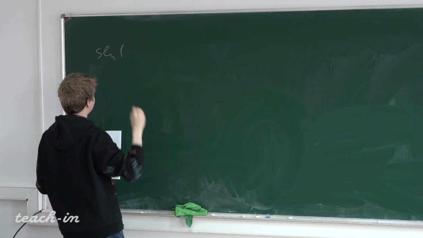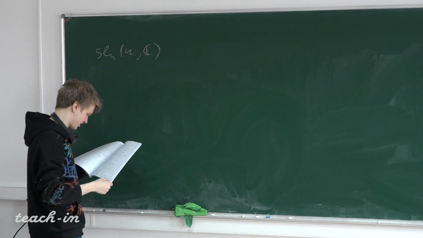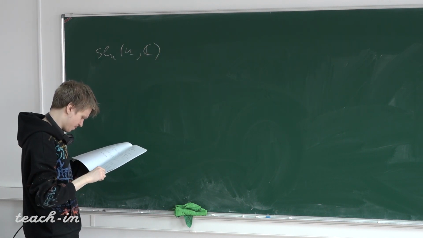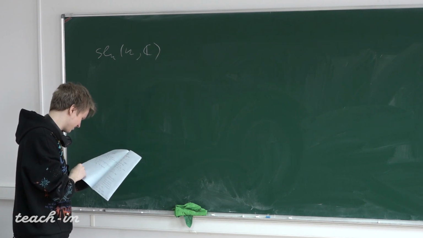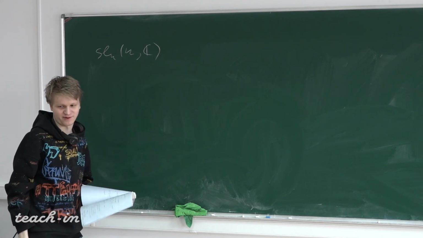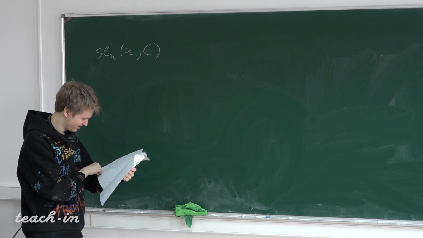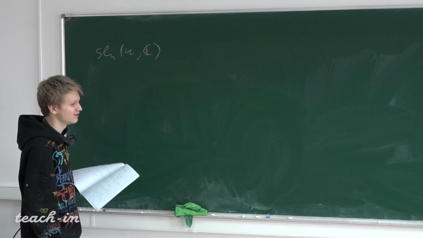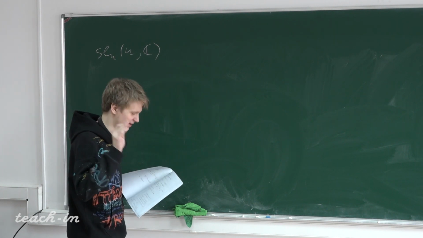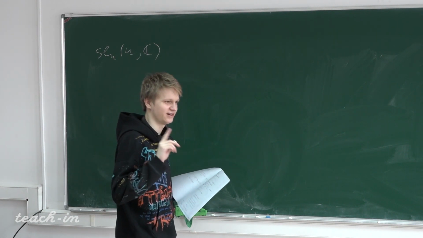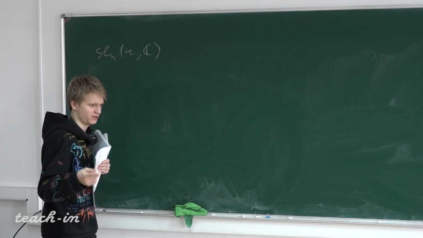So we need to prove that in this one... Please remind me the formulation of the problem, because I only have the solution. For this Lie algebra, you need to show that the abstract Jordan decomposition coincides with the Jordan decomposition for linear operators. So what's the Jordan decomposition?